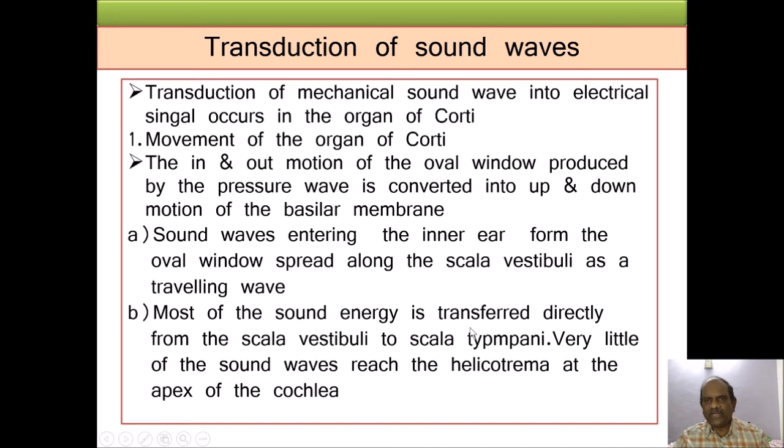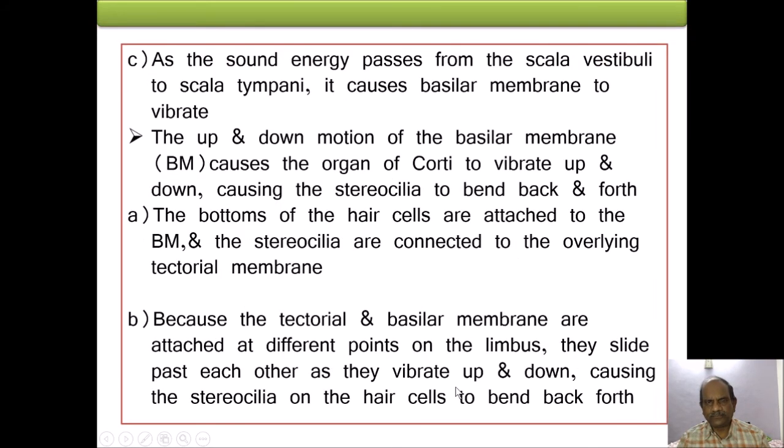Most of the sound energy is transferred directly from the scala vestibuli to the scala tympani, and very little of the sound waves reaches the helicotrema at the apex of the cochlea. As sound energy passes from scala vestibuli to scala tympani, it causes the basilar membrane to vibrate.